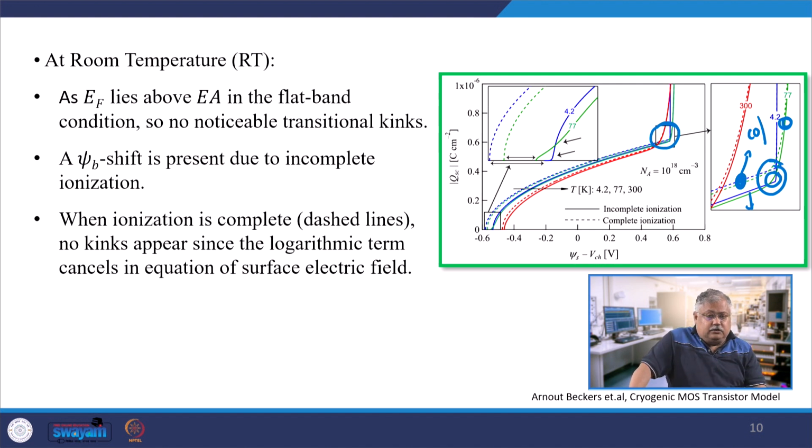The kink is basically in the charge. If you have a complete ionization, you do not see a kink, there is a very regular increase in the charge with respect to potential, but when you have incomplete ionization, at a certain value of critical voltage, there is a sudden excess because of electric field assisted ionization that adds suddenly to a value, and therefore there is a discontinuity in the carrier concentration.